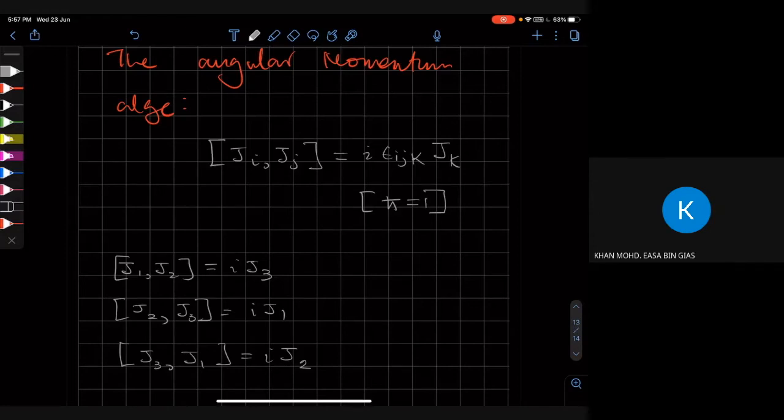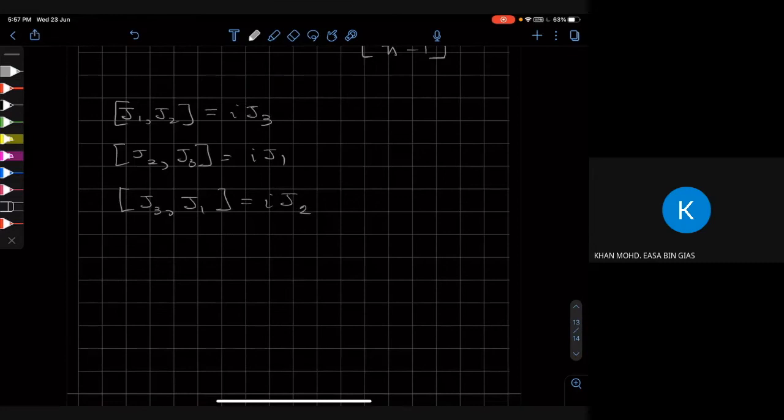Now, we can construct another operator, not an axial vector operator, but a scalar operator out of these three. This is called the J squared operator. It's taken by taking J, the vector operator, and taking its dot product with itself. By definition, this is J1 squared plus J2 squared plus J3 squared.